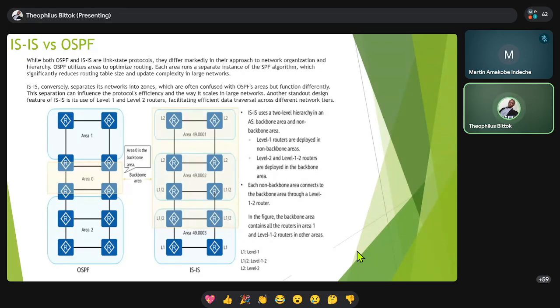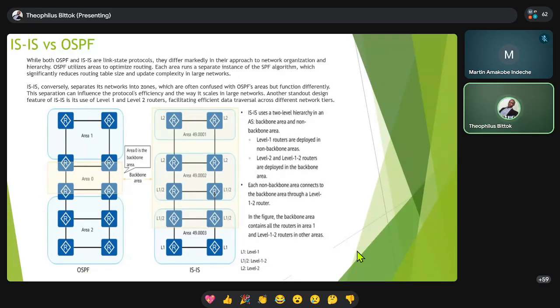The biggest differentiator between ISIS and OSPF is hierarchy. For OSPF you'll always have an area 0, and your areas must have a way to connect to area 0, which is your backbone area.